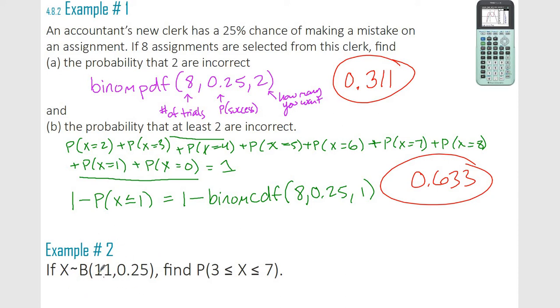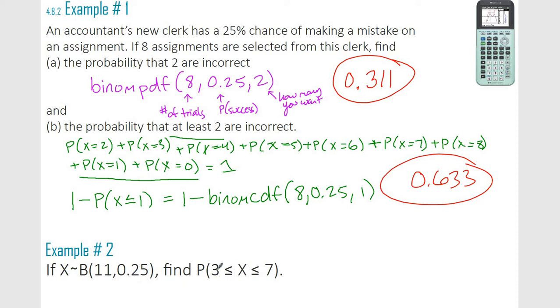Okay, here we have a binomial distribution, and here we want to find this probability. So what I would do, for example, 2, now this represents 11 trials. 0.25 is the probability of whatever is successful, whatever they consider success.